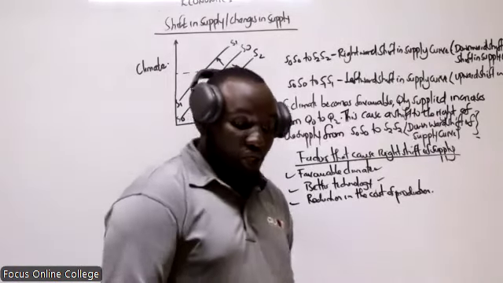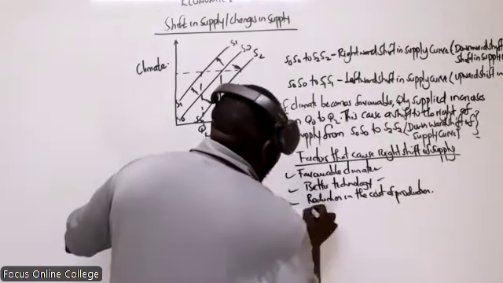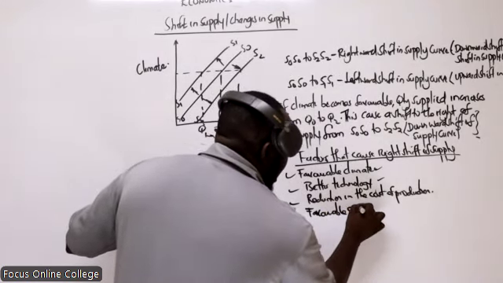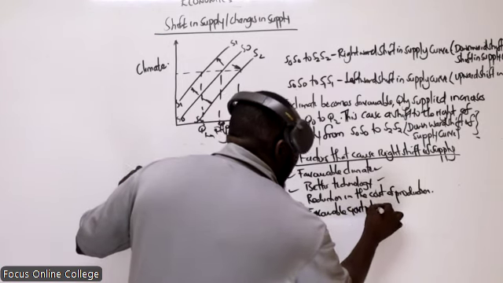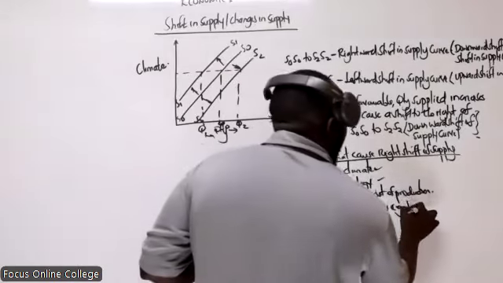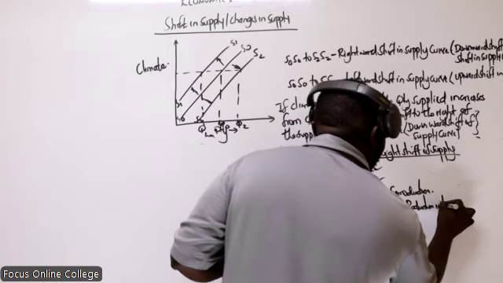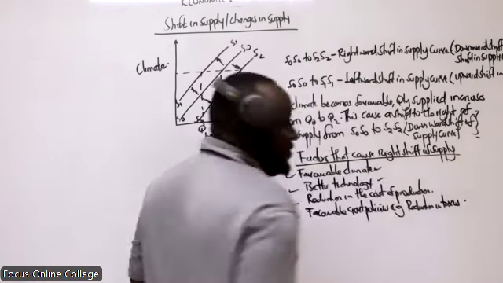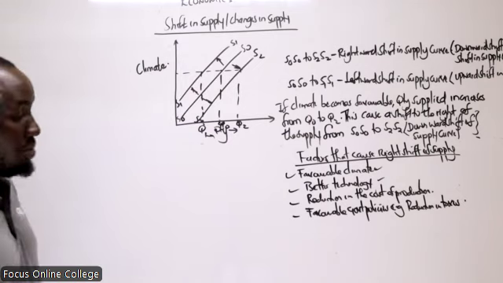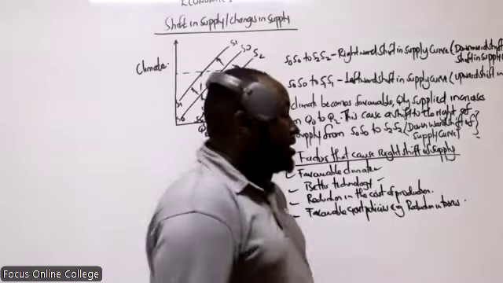Then we can talk about favorable government policy, for example, reduction in taxes. One of it is the reduction in taxes.